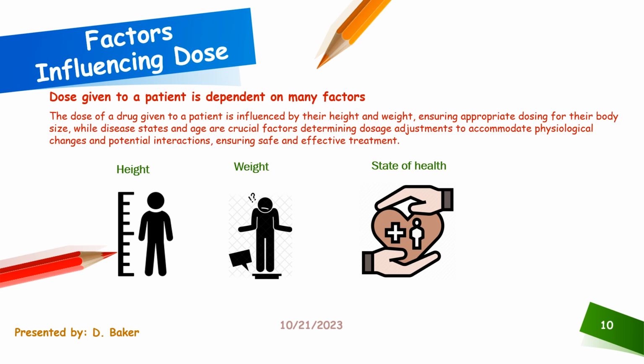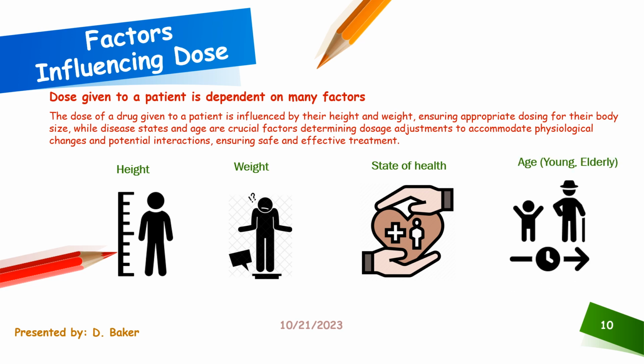So if you're looking, say, at an infection, am I going to be treating this person with the dose of antibiotic for severe infection versus a dose for mild infection? And another thing that you can consider is the age of the patient. So is this a young child, or am I looking at someone who is advanced in age? Now, when you look at these extremes in age, the way that the body processes drugs is completely different.